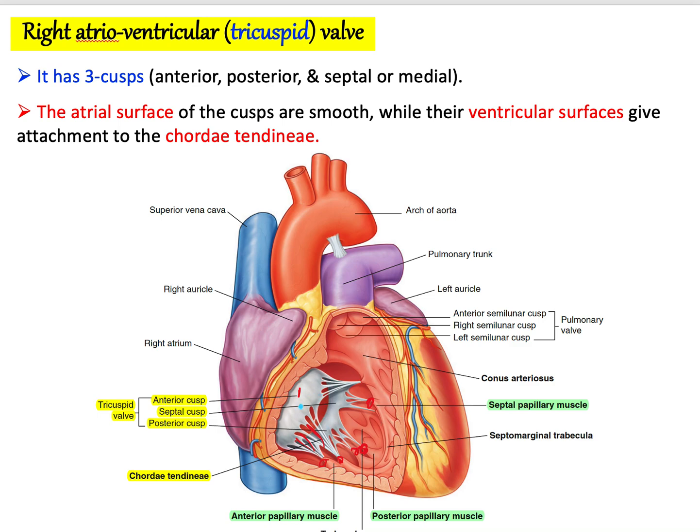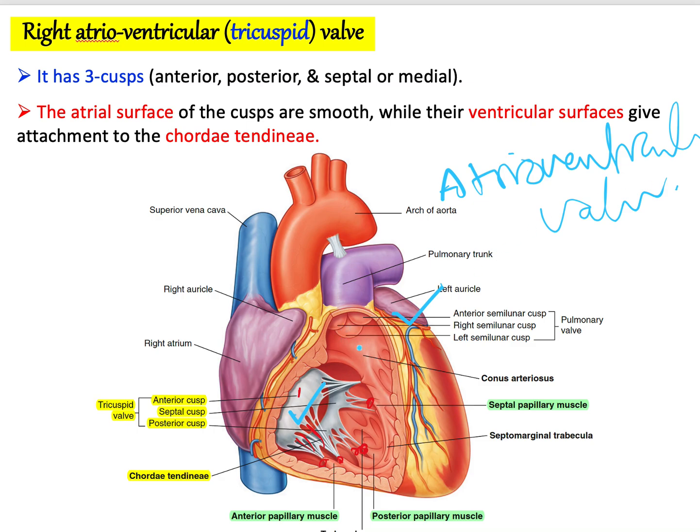There is one thing from the beginning, guys, you have to know. Listen, we have a tricuspid valve and a bicuspid valve. Both are between the atria and ventricles, so they are known as atrioventricular valves. But we have the pulmonary valve and the aortic valve.